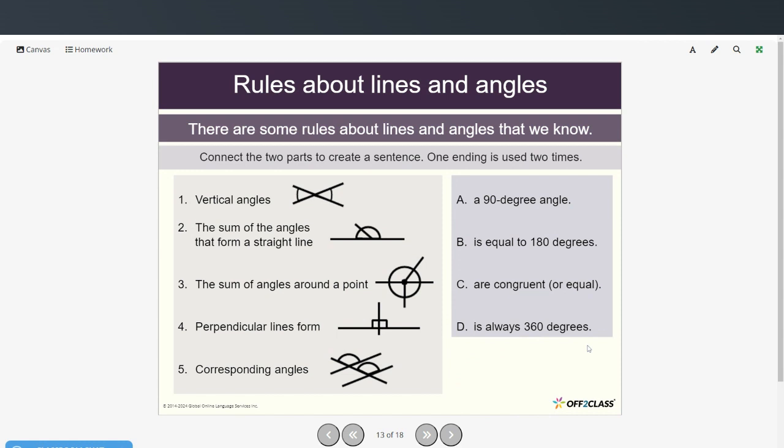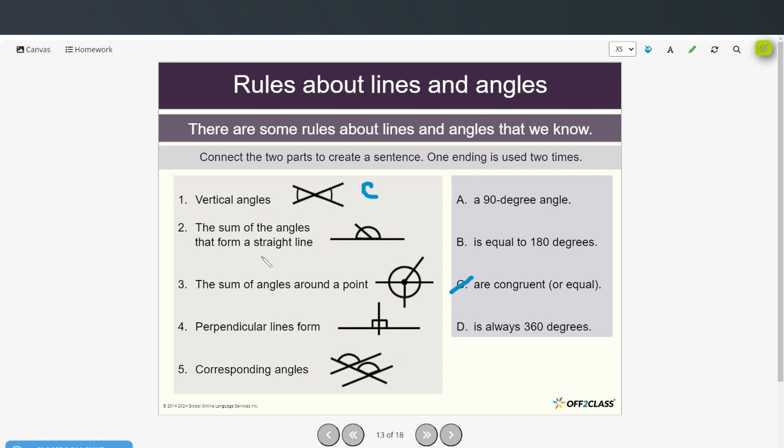Right, so it says connect the two parts to create a sentence, and it says one ending is used 2 times. So these are the rules about lines and angles. All right, so vertical angles, well, that would be letter C, are congruent or equal.